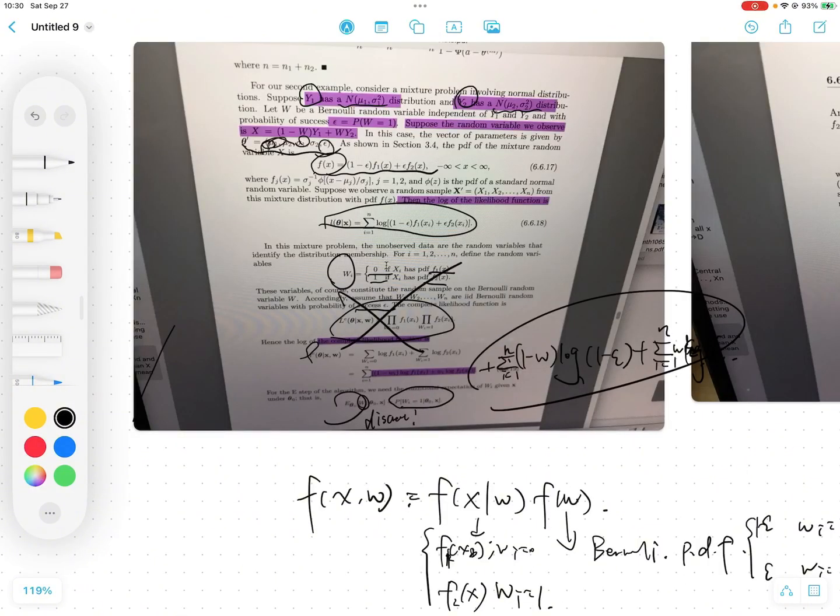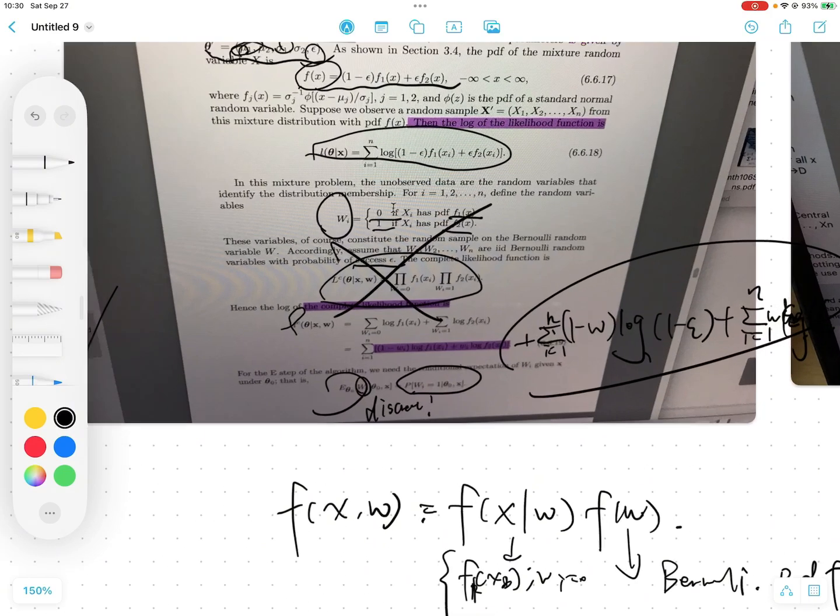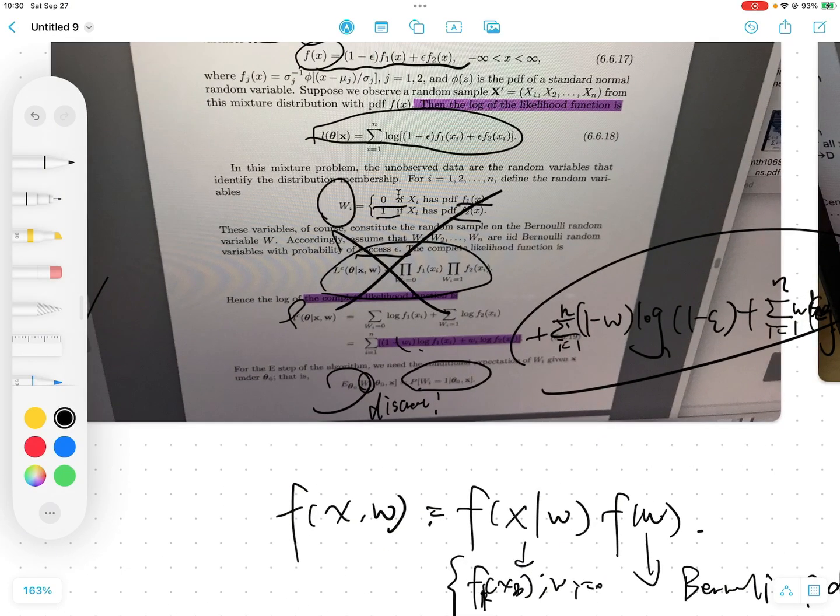Now we want to take the expectation of this wi, this random variable, because we want to use it in the Q function. It's very important to mention that this wi is a discrete random variable, so we shouldn't take the integral of it like the past example.